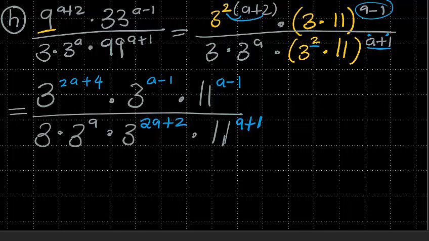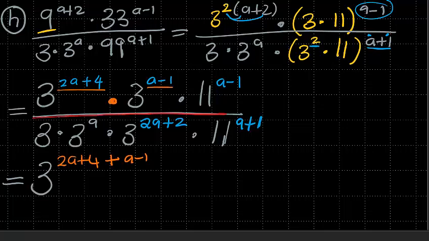Once I've got that, I can deal with my same bases. So now I can say my first base is going to be 3. Let's start there. We say 2a plus 4. I am multiplying, so I add a minus 1, and that's all my numerators. Then because I am dividing, I am going to do this one, that one, and that one as minuses.